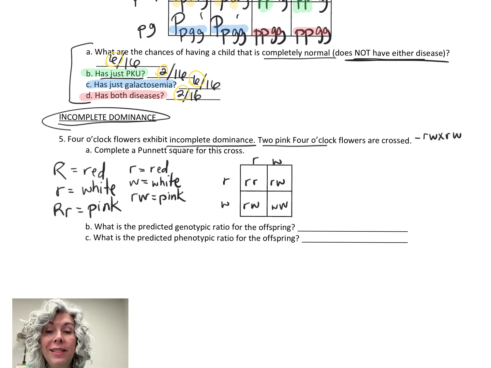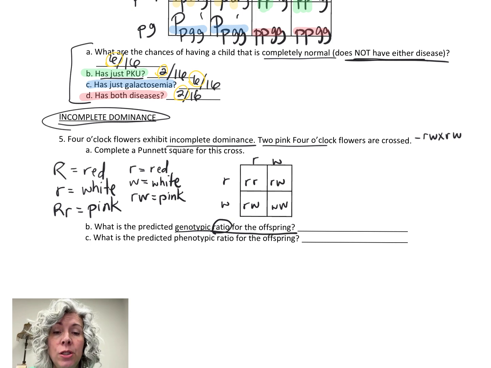What is the predicted genotypic ratio for the offspring? Genotypes are your alleles. It's asking for a ratio, not a fraction and not a percent. So I'm going to have 1 RR to 2 RWs to 1 WW. There's my genotypic ratio.